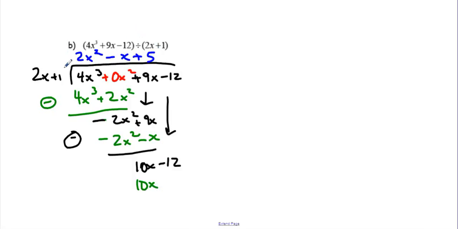And 5 times plus 1 is 5. Subtract one last time. Minus 12 minus 5 is going to be minus 17. So that is our remainder. And remainders can be negative, no problem.